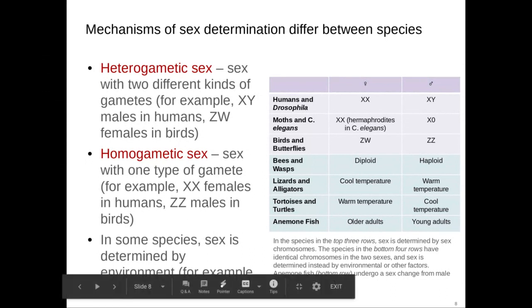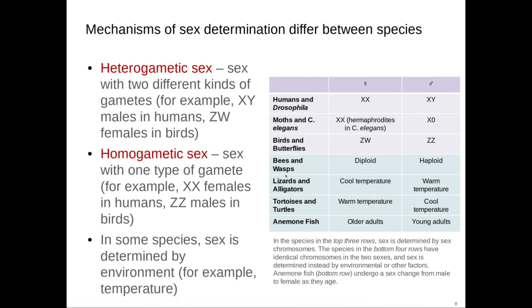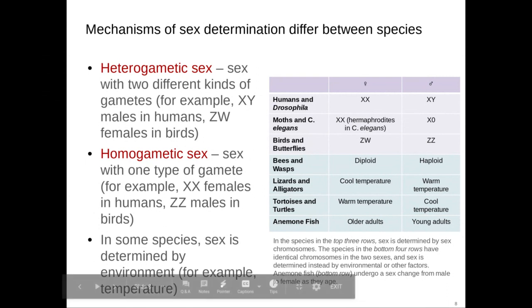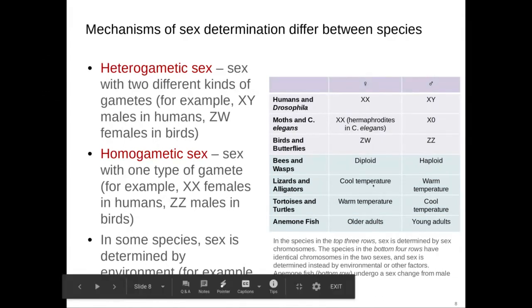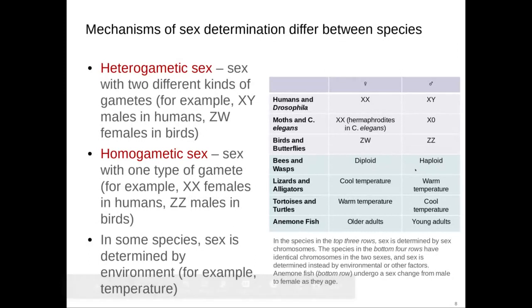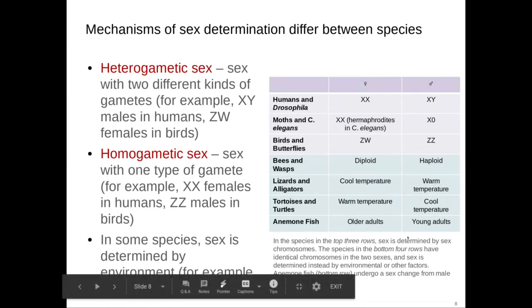And in some species, the environment actually determines your biological sex. So lizards, alligators, tortoises, turtles, and some fish, well, the reptiles, it's all determined by temperature. Cool temperatures produce females, warm temperatures produce males, and vice versa in tortoises. In fish, older adults produce females, younger adults produce males. That's kind of an interesting system.